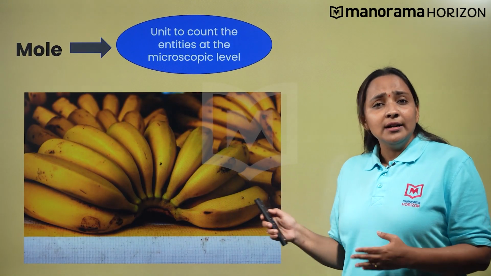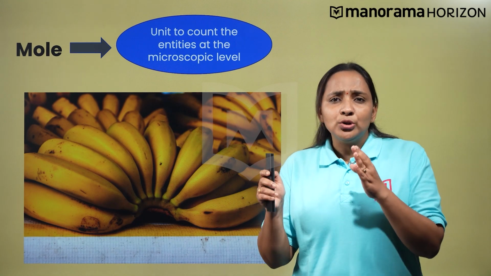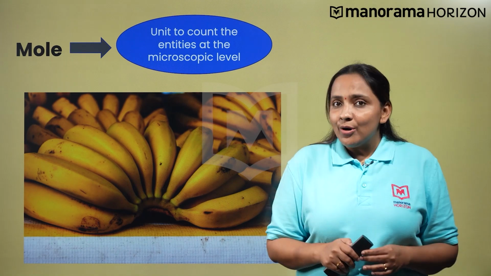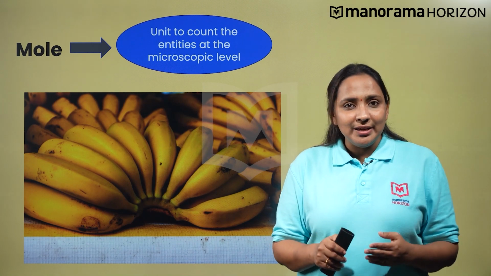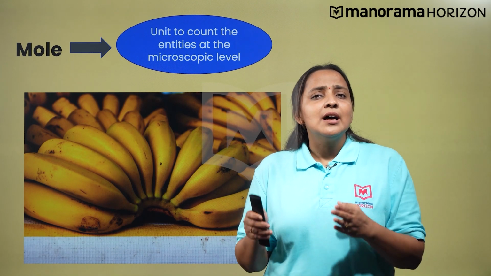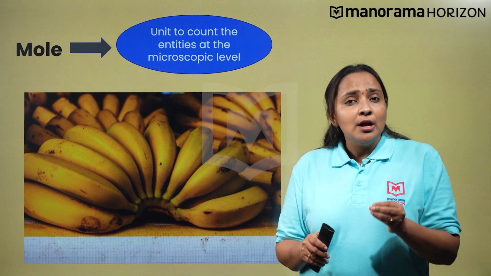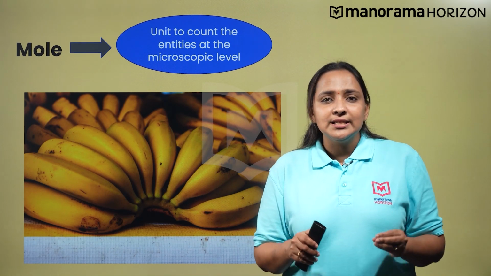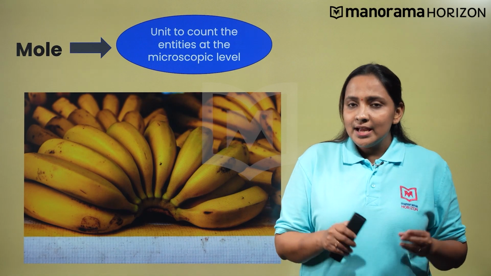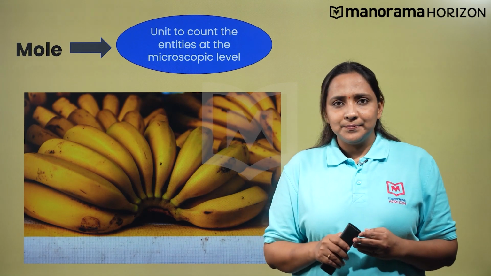Here, you will understand that we can use mole as a unit to count the entities at the microscopic level. By entities, I mean atoms, molecules, electrons, particles, ions, etc. So, we can use mole to count these tiny entities just as we use dozen to measure 12 items and gross to measure 144 articles.